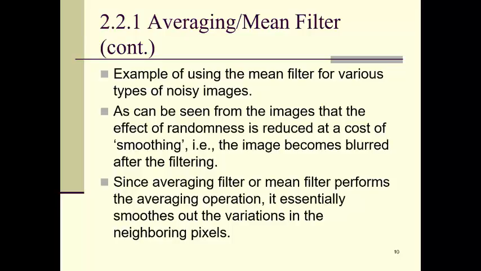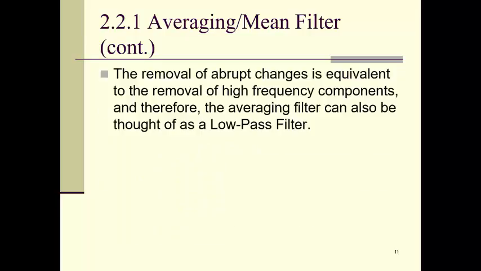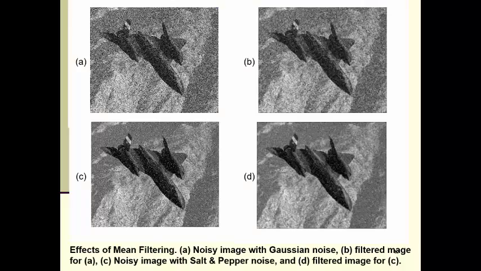Okay? But the problem here is the following. Let's look at this example. Here I have in image A, this is a noisy image. Okay? Here the noise has been added to the image using Gaussian noise distribution. And this image B is the filtered image using the average. So in this case, as you can see, I have some sort of smoothing.